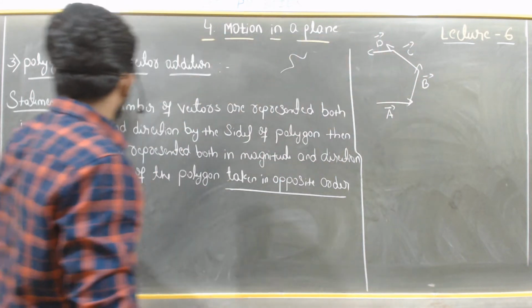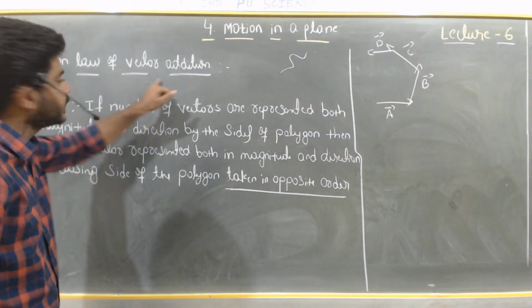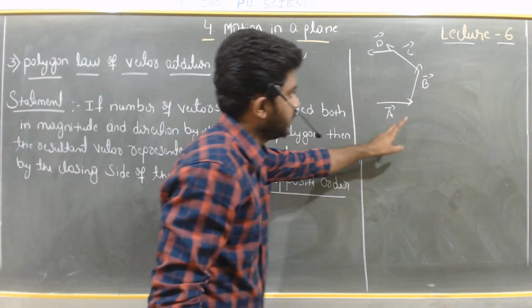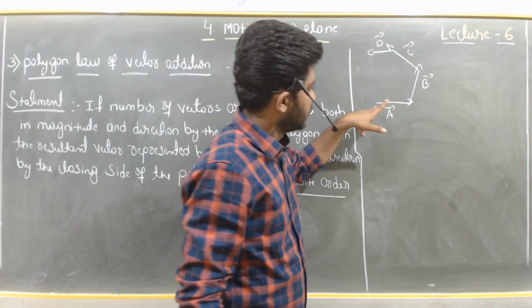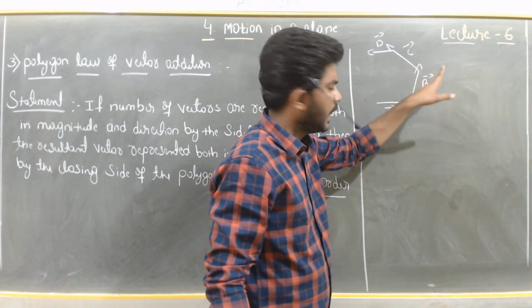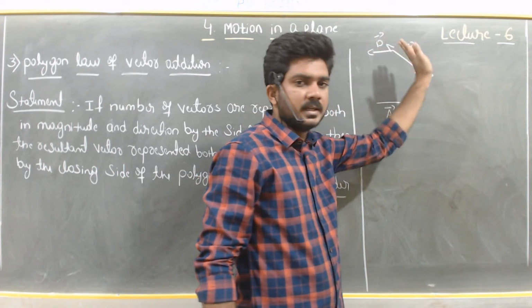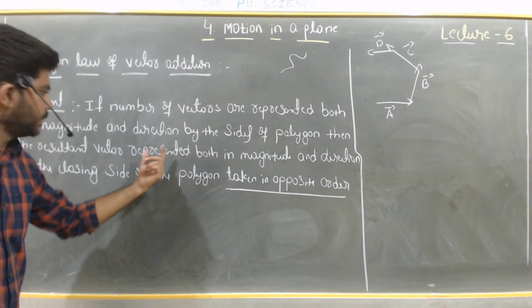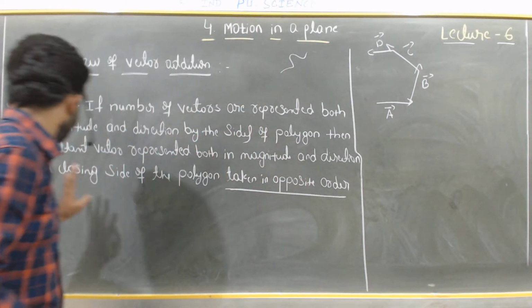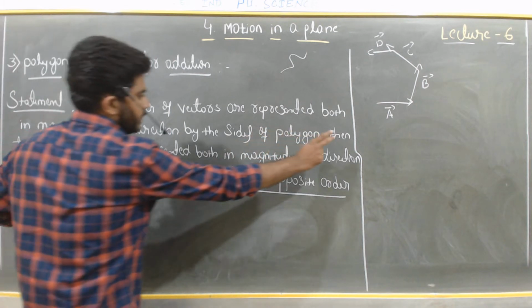Here we have the polygon law of vector addition, which means vectors should be added in polygon form. So here I have taken many vectors in side form. Next, what does it say? Represented both in magnitude and direction, right? This much we have completed.